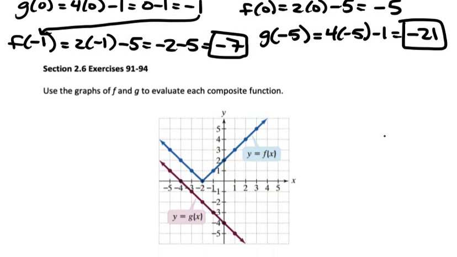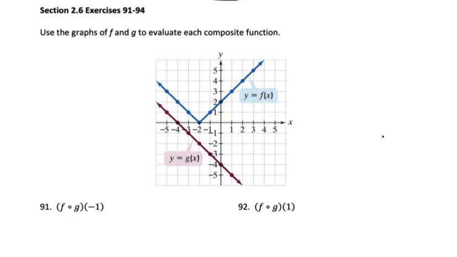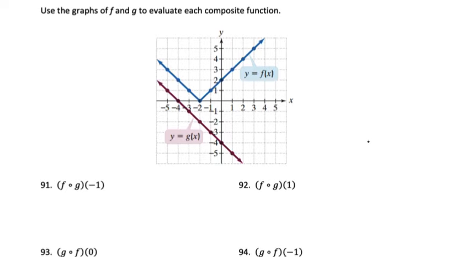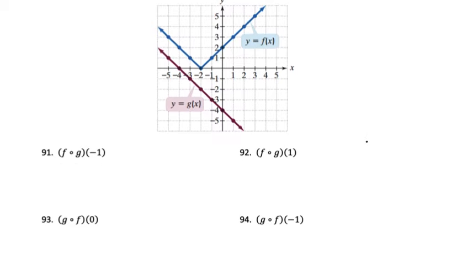Now we're going to look at exercises 91 through 94 from section 2.6. This one we have a graph, and we're using the graph to evaluate the composite function. So, number 91 is f of g of negative 1. So again, I start with the function on the right, so g of negative 1.